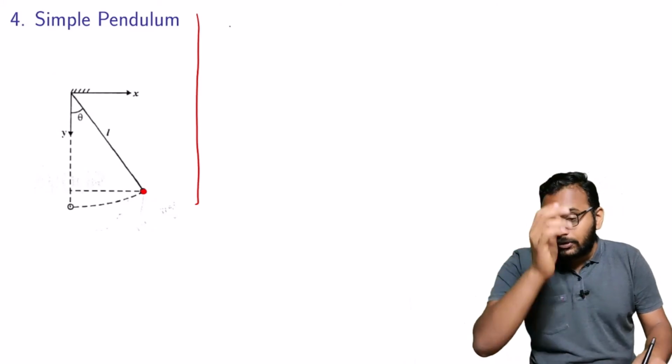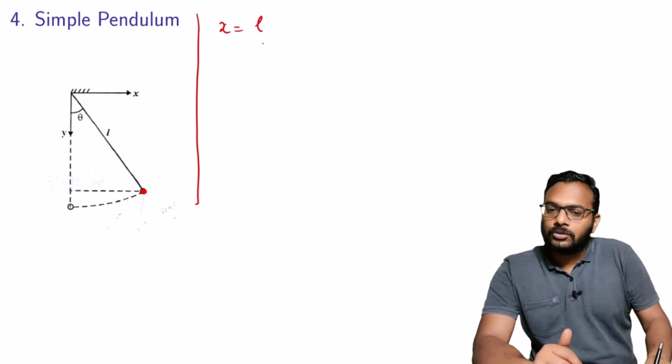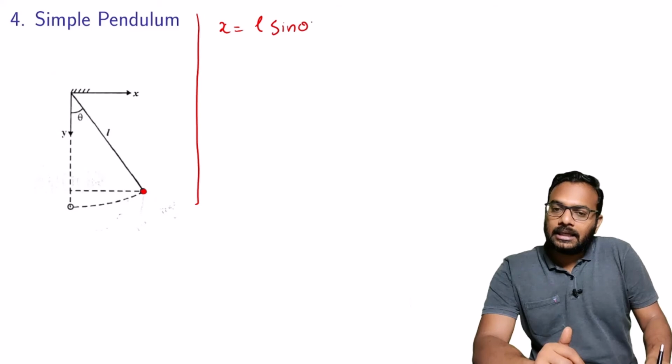All right. Now, as I said, you can find the kinetic energy. First we can write down the transformation equations. x is equal to L sin theta and y is equal to L cos theta.